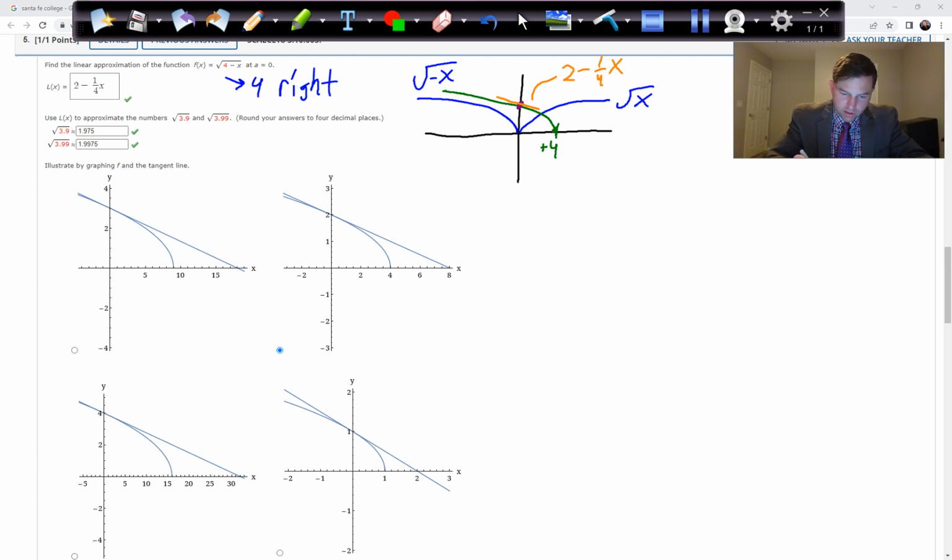So it crosses the y-axis at positive 2, and its slope is down and to the right, so hence the negative. And that's what it looks like. So we have the correct answer is this one. It starts at 4. It's up here at 2 for the straight line that we're using to approximate. Okay, that would be problem 5, very similar to the one we did before.